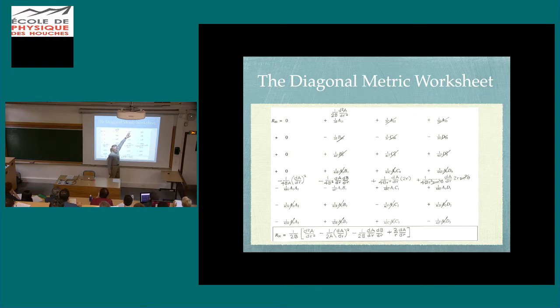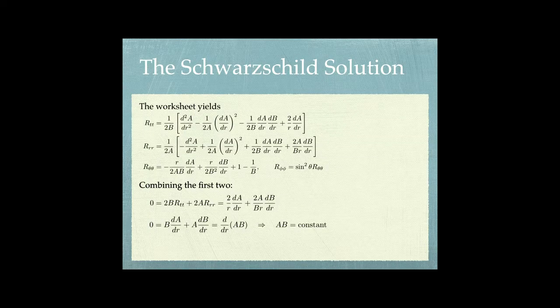Yeah, A doesn't depend on theta. A doesn't depend on phi, etc., etc. And so I write all the terms that are actually not 0 and cancel all the other terms, and then at the bottom I just gather the terms that I've got. And so that's the R_tt component of the Ricci tensor. And so you can do that kind of thing very easily.